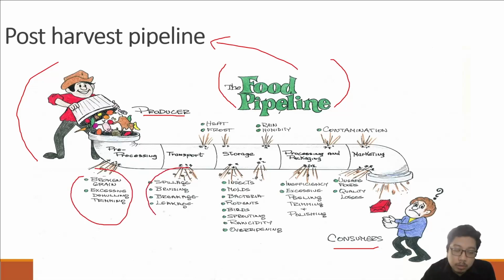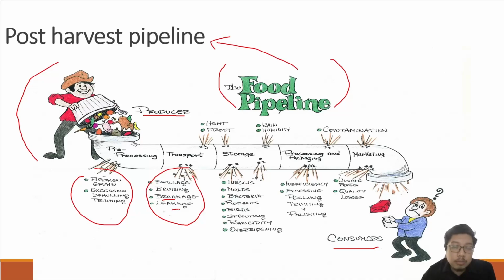During transport, fruit usually bruises, right? The swelling, in our language we say bengkak, it's bruising. Breakage, it can break during transport, and then leakage. Imagine during land transportation, for example, if the truck hits bumps at high speed, what will happen?